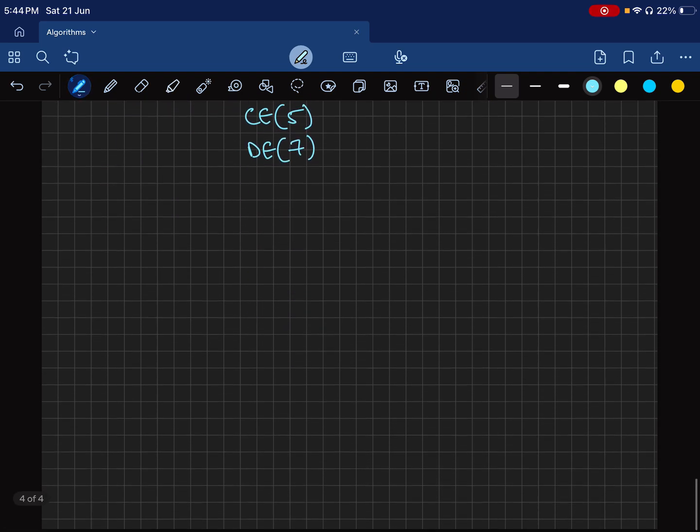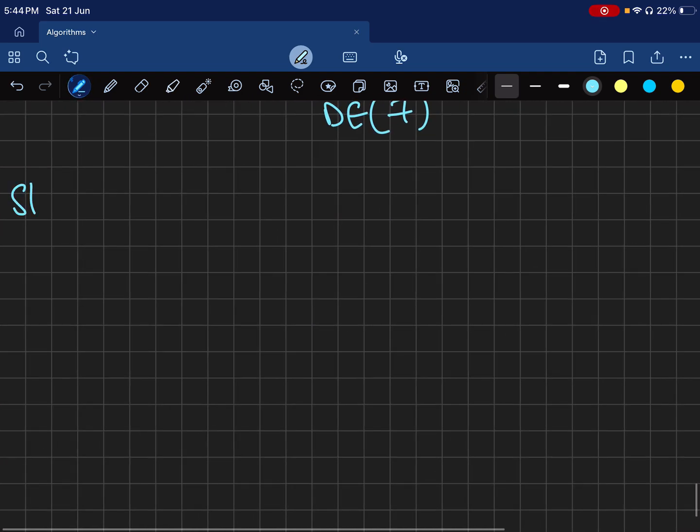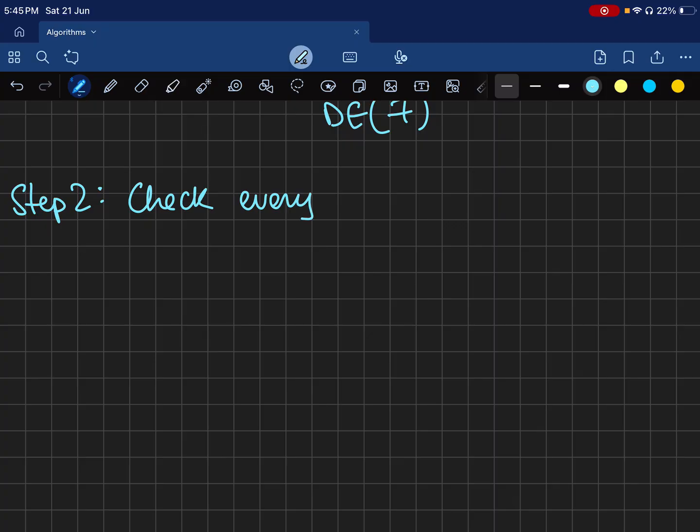Now step 2 of Kruskal's algorithm is to take edge by edge and pick them one by one. Check that no cycle is formed. If no cycle is formed, then we add that edge into the MST. Let's see how that works. So first we'll check BC.